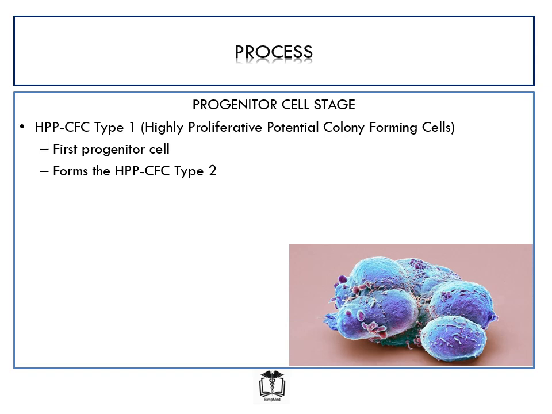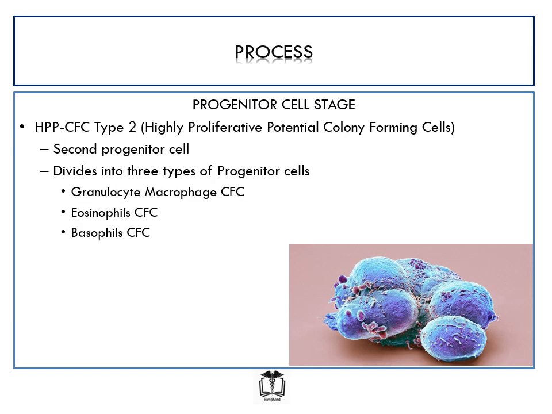They can undergo cell division and cell differentiation, but they can't undergo self-renewal, in contrast to the stem cells, and they are also not morphologically identifiable, in contrast with the precursor cells that we'll talk about next. The type 1 cells undergo cell division and differentiation to form the highly proliferative potential colony forming cells type 2, which we'll talk about in the next slide.